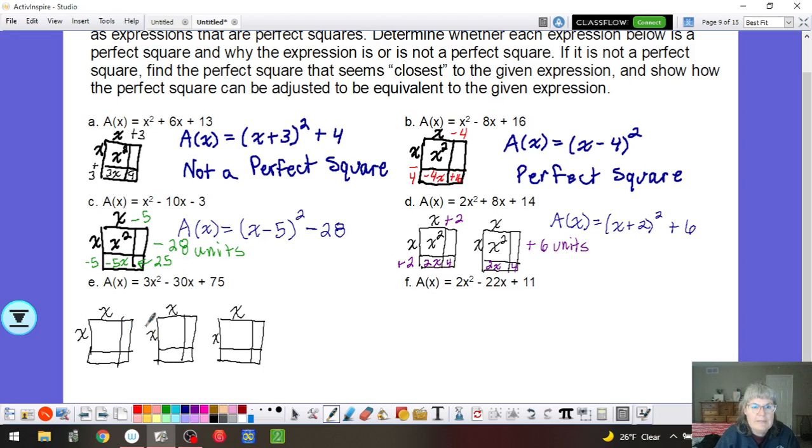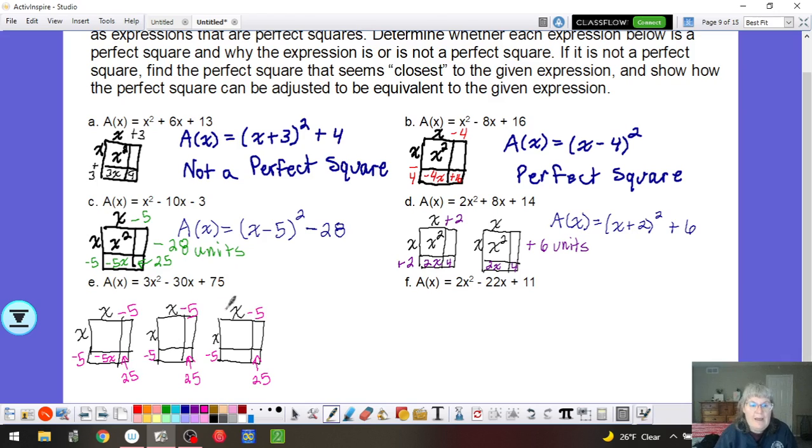And I need to split that 10, so we have negative 5 for each side, because each rectangle is going to be negative 5x. And then we have negative 5 times negative 5 is 25. And 25 3 times is 75.